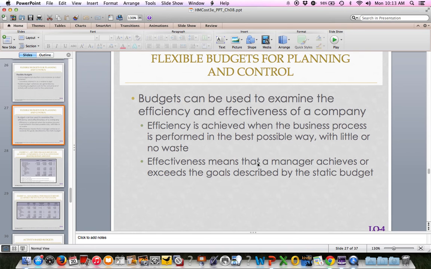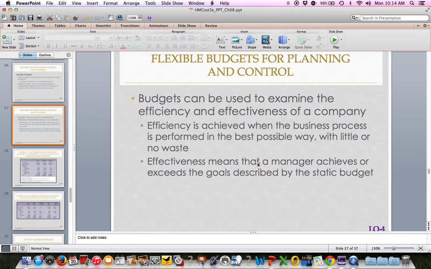A flex budget is a good way to help us measure efficiency and effectiveness. Efficiencies come in where I budget certain things. I'm going to say, I expect it to cost me $20 to make product X. But if I sell 2,000 more units than I planned for, I'm not going to be able to see that in my budget and my variances very well.